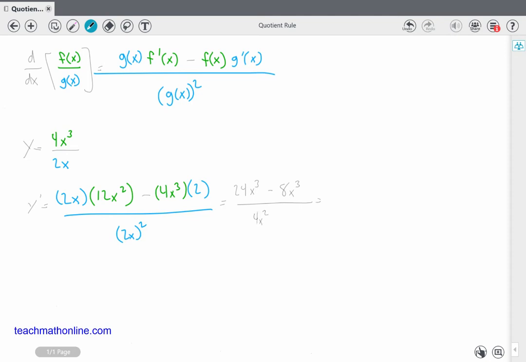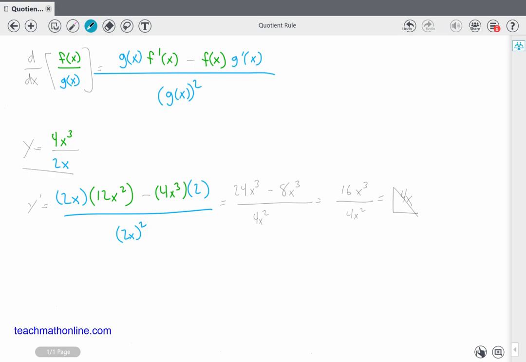And this is going to be 16x to the third divided by 4x squared. And if we canceled on the top and bottom, we would be left with 4x. So that is the derivative of our function y.